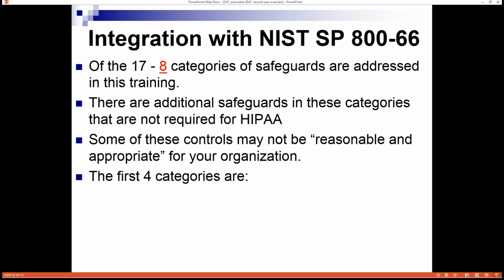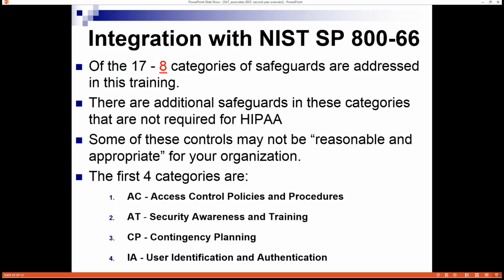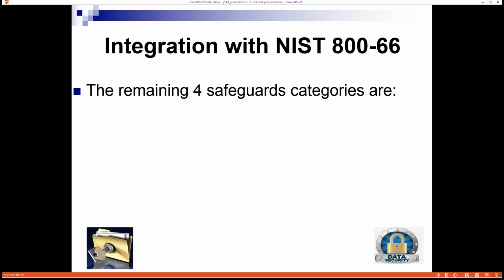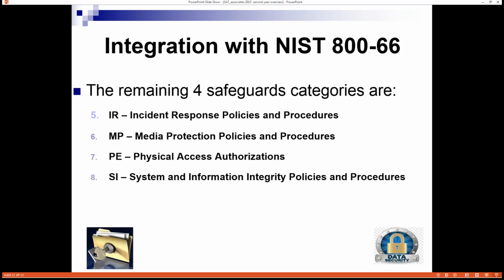The first 4 categories are AC, access control, policies and procedures; AT, security awareness and training; CP, contingency planning; and IA, user identification and authentication. The remaining 4 safeguard categories are IR, incident response policies and procedures; MP, media protection policy and procedures; PE, physical access authorizations; and SI, system and information integrity and policies.